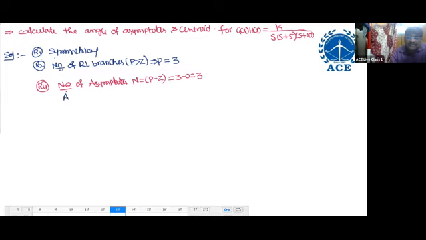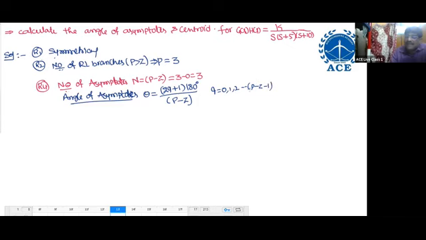Next, angle of asymptotes. Theta equal to 2q plus 1 into 180 by P minus Z. Q equal to 0, 1, 2 and so on, up to P minus Z minus 1.